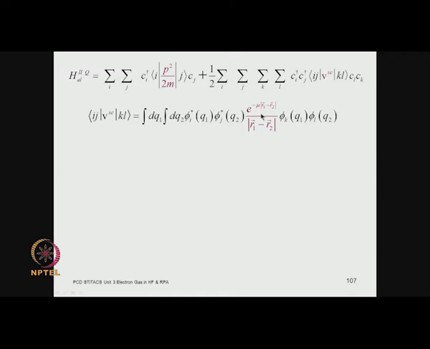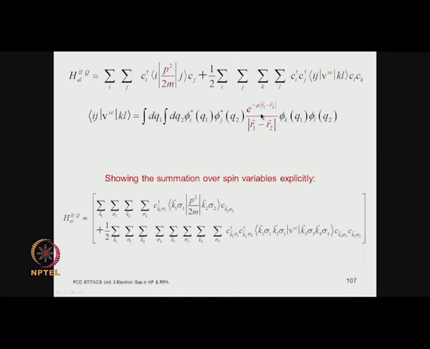Now, let us analyze these terms further. Here, each I and j is a set of 4 quantum numbers that includes summation over spin and summation over the remaining 3 quantum numbers, which are the wave vectors. Okay, this is the free electron gas, right.